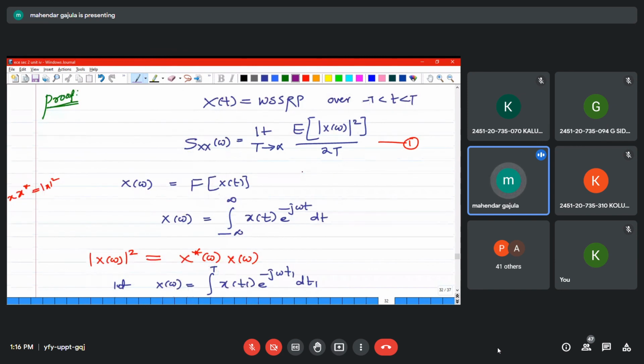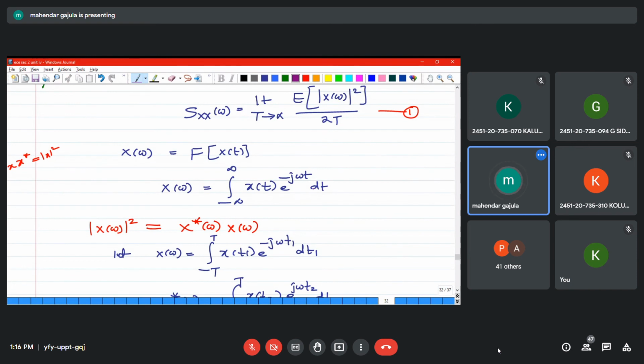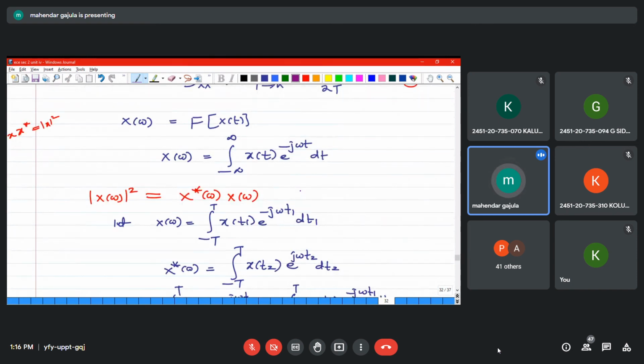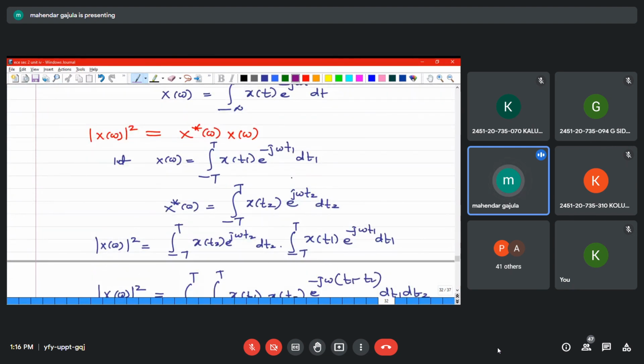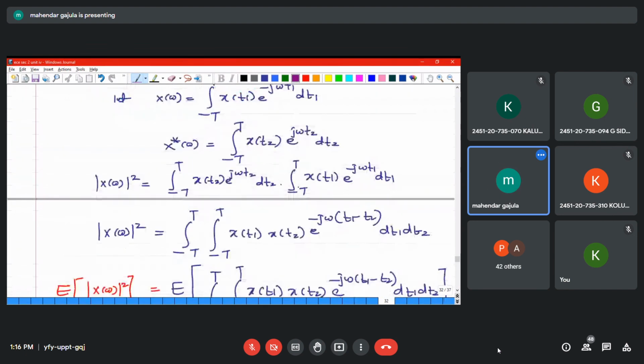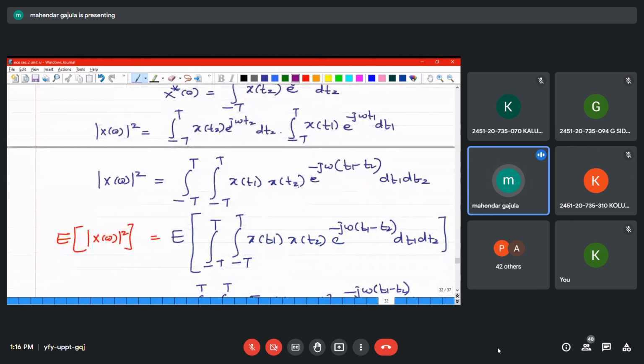For that, I have used equation 1: S_xx(omega) equals limit T tends to infinity expectation of mod X(omega) square by 2T. First I have taken mod X(omega) square as X star(omega) X(omega). In X(omega) I have taken the variable t1, and in X star(omega) I have taken the variable t2. Multiplied those two, that gave us mod X(omega) square.